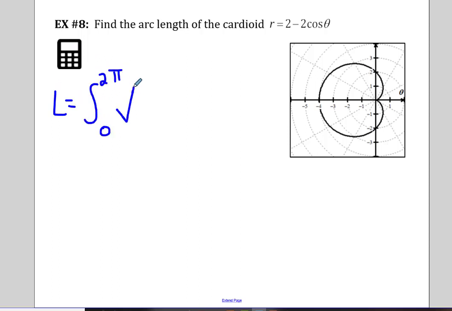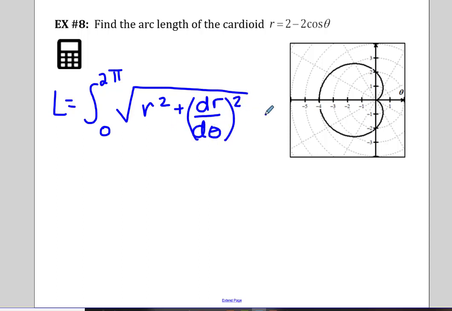So the formula says we can take the r, which is 2 minus 2 cosine. We can square that, and then the dr d theta, and we can square that and take that integral with respect to theta.